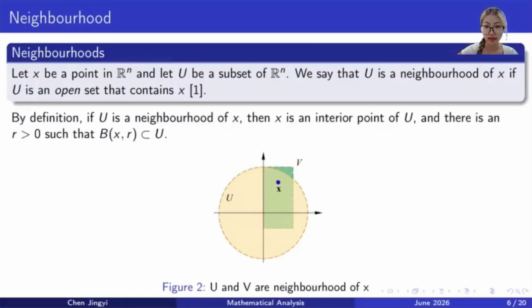A neighborhood of X is just an open set that contains X. If a set is a neighborhood of a point, it means that point has enough space around it to stay inside the set.